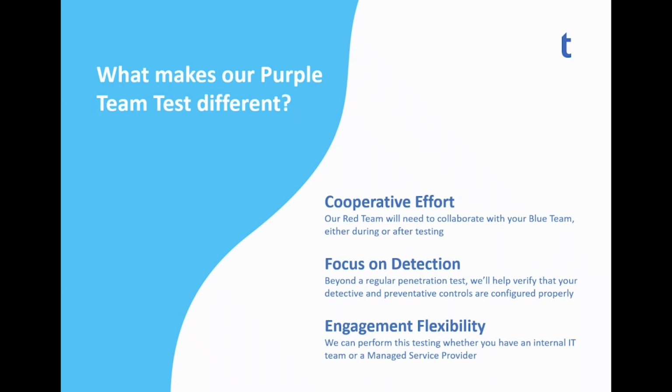While this is broadly accurate for our purple team penetration test, the focus is just slightly different. Because our purple team test is a cooperative effort with the blue team, it requires some time commitment from your members, and that could be during the test, in a back and forth, or as a post-test monitoring review.